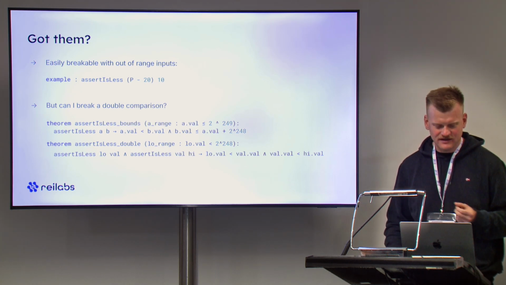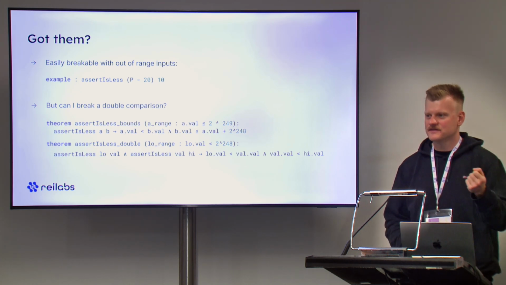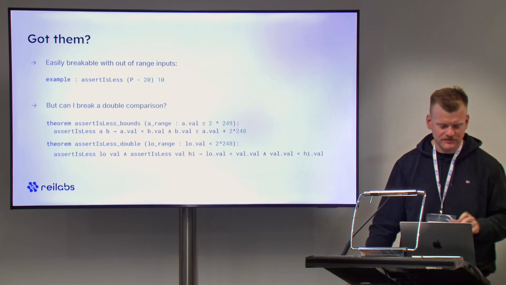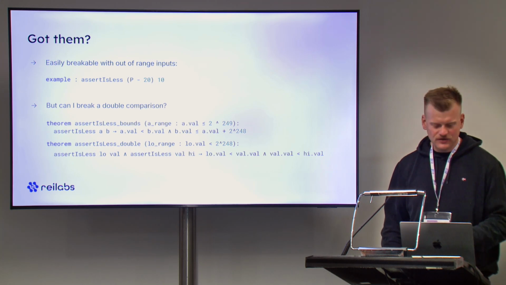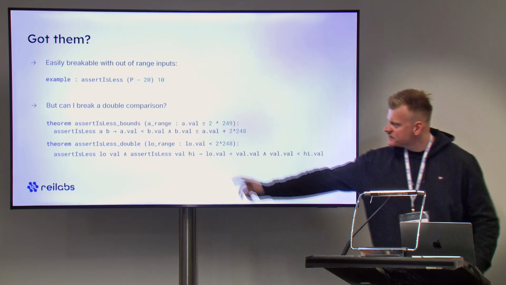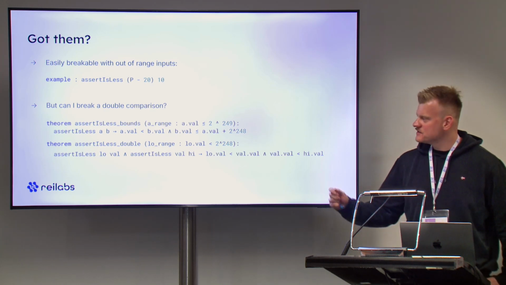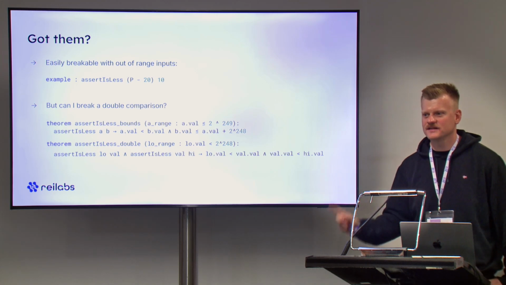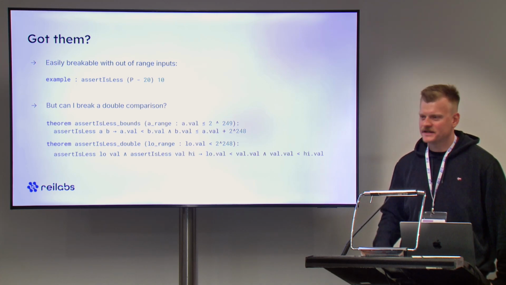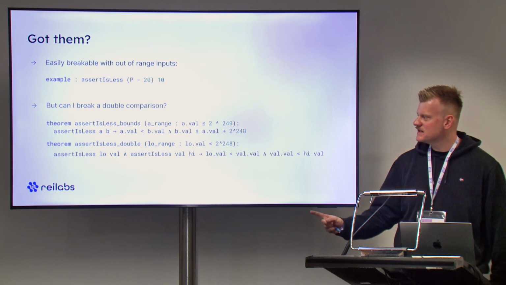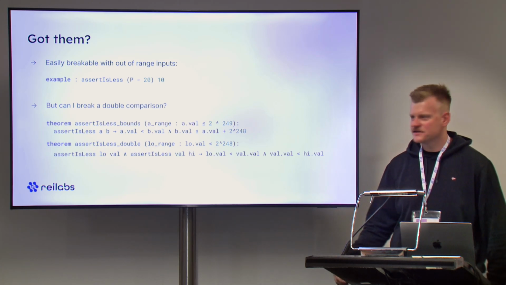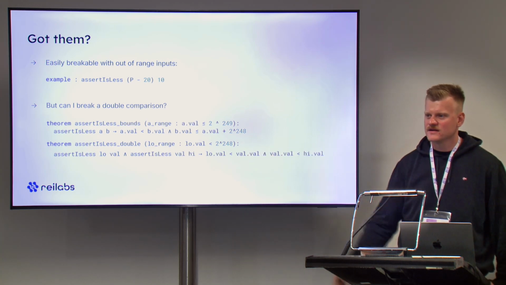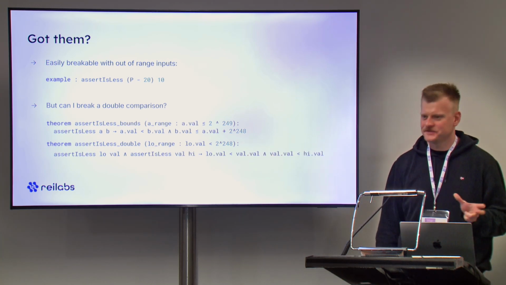So if in the first comparison, A is already range checked, and it's a bit of a weak range check for composability later, I can know that my assert is less implies, the arrow is an implication, that first of all, A is less than B, as expected. So I don't actually have to check the right-hand side parameter. I only have to check the left-hand side. But I also know that the right-hand side is not too big. I know it's at most A plus 2 to the power 248. So this is an accidental range check almost.